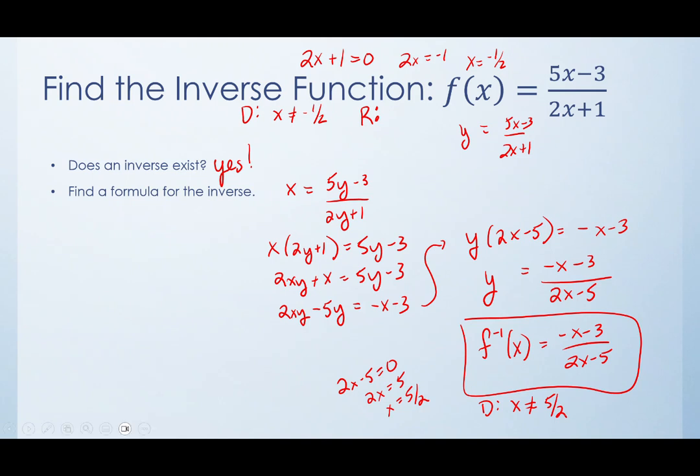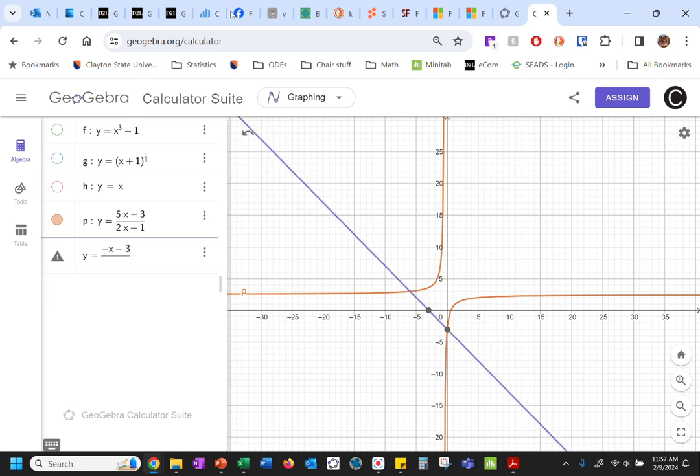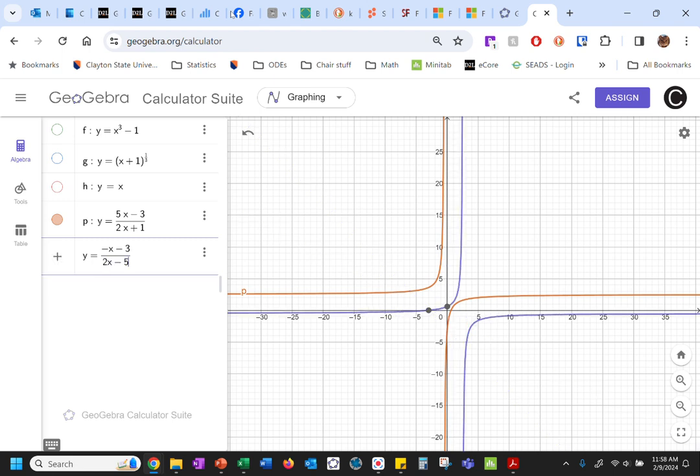Now, let's look at the graph of our function here. We have our inverse function, which was -x minus 3 over 2x minus 5. Yep, there we go.